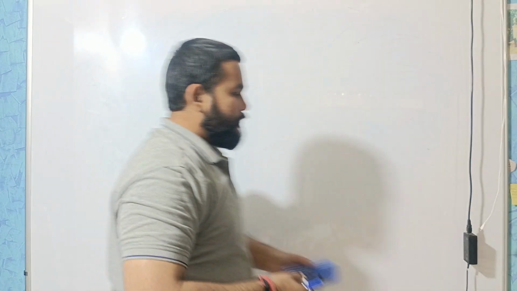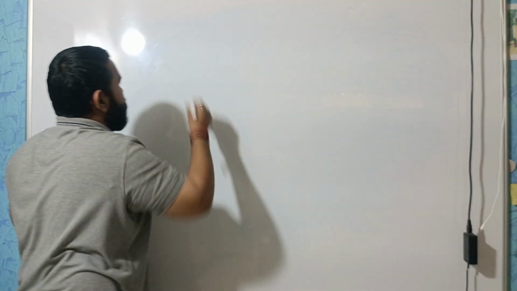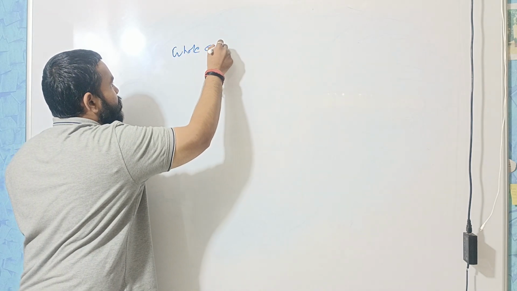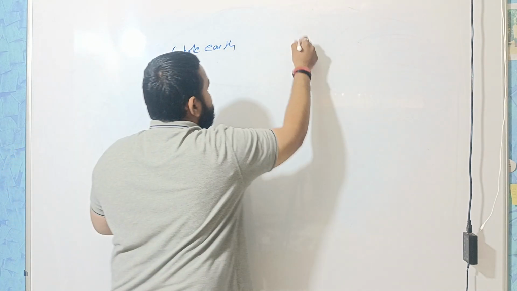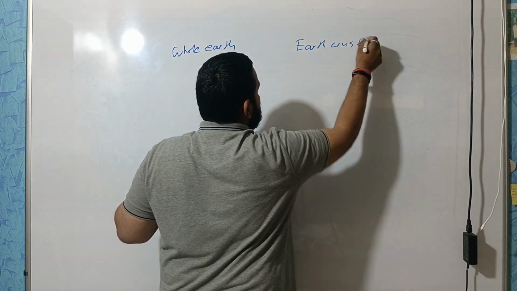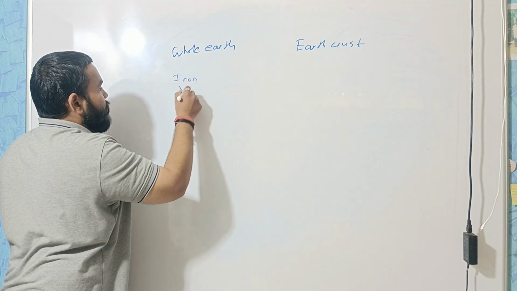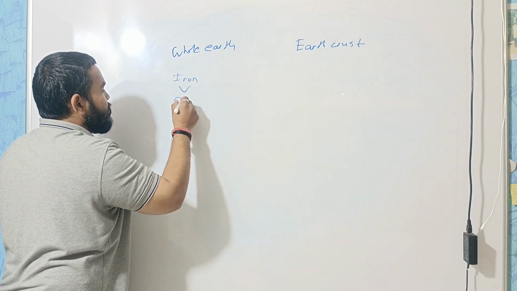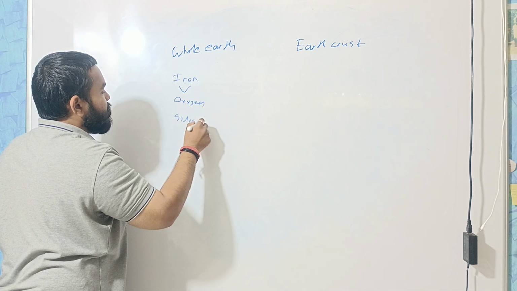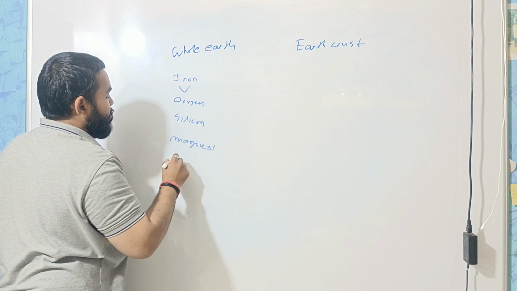One more important thing which I remember. I'm just increasing my speed. So whole Earth, and Earth crust. Just remember iron is there the most, then oxygen, then silicon, then magnesium, then nickel.